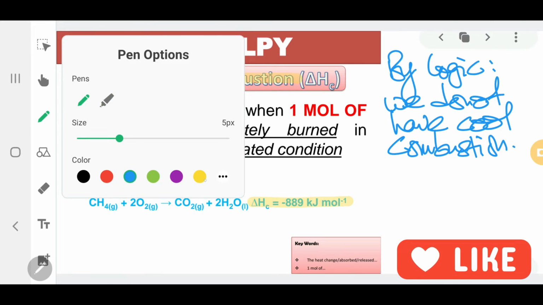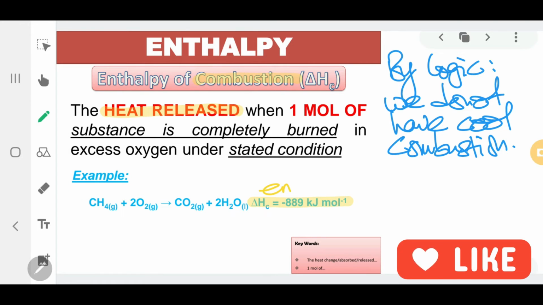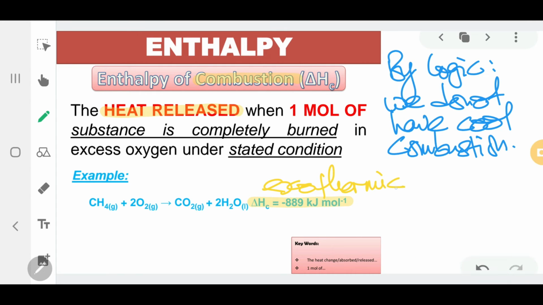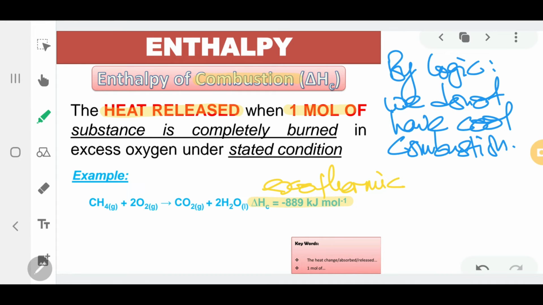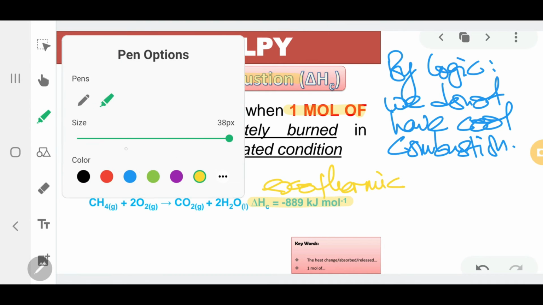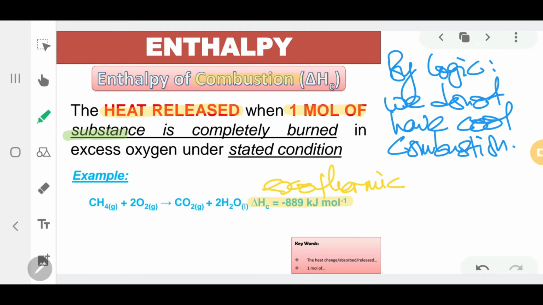So this one is going to be an exothermic reaction, releasing heat. And what will be kept at 1 mole? When you look at formation, 1 mole of compound is being formed. But for combustion, this 1 mole refers to the substance that is completely burned.